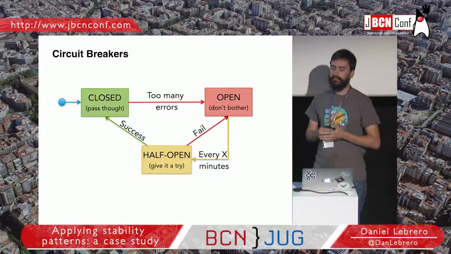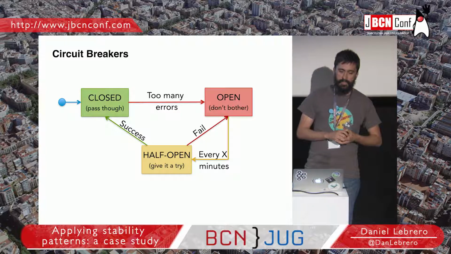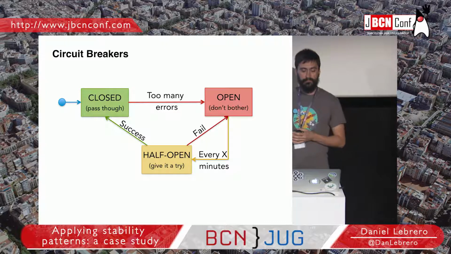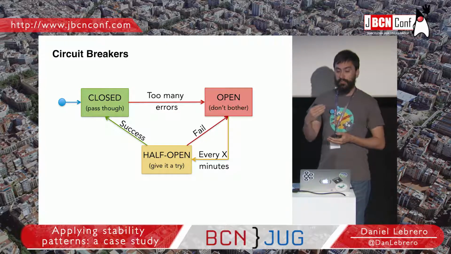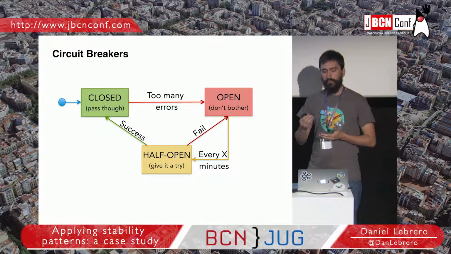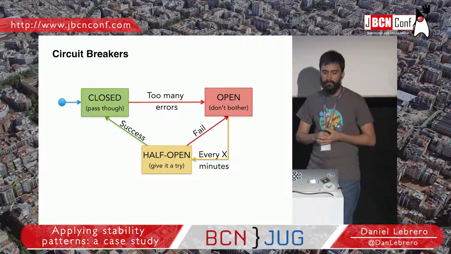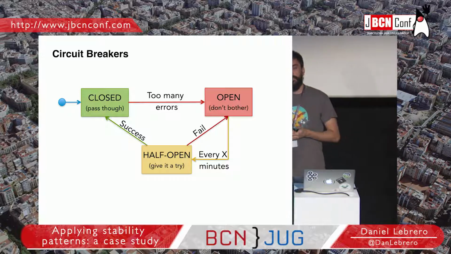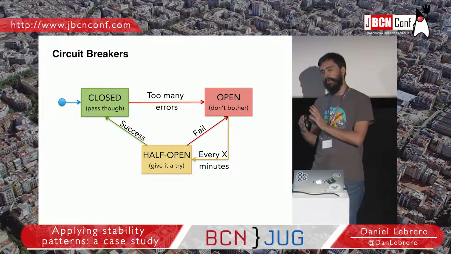If the operation succeeds, it will go back to the closed state, and everything will be fine. What does too many errors actually mean? It depends on which library you are using for your circuit breakers. It can be as simple as counting the number of consecutive errors, or as complex as looking at the percentile of requests that fail on a rolling time window.